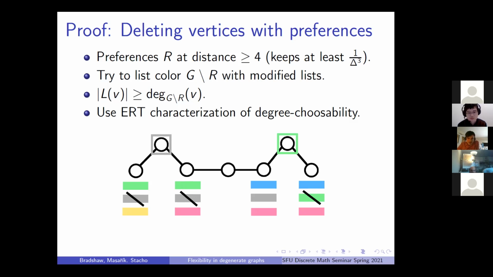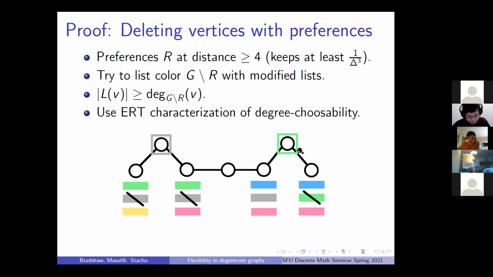All right, so we would like to list color G minus R. So how are we going to do that? Well, we can notice that if we have a vertex in G minus R like this one that doesn't lose any colors from its list, then it has a list of delta colors and a degree of at most delta. So the list size is at least equal to the degree of the vertex in G minus R. If we have a vertex like this one that does lose a color from its list, then it will have a list size of delta minus 1.